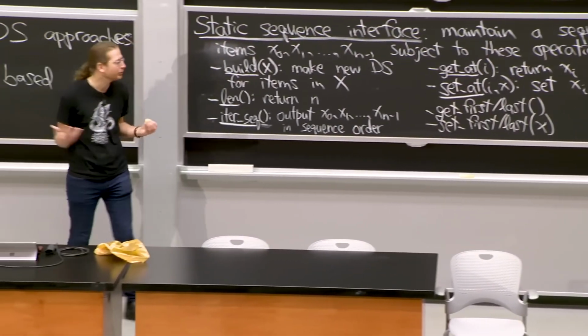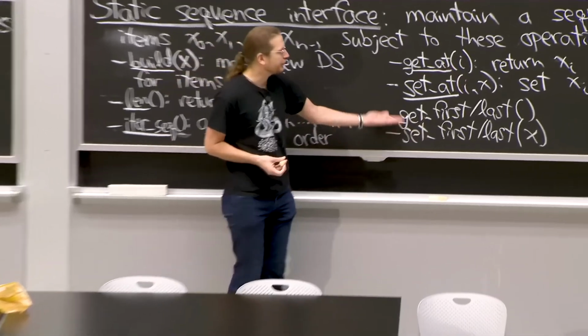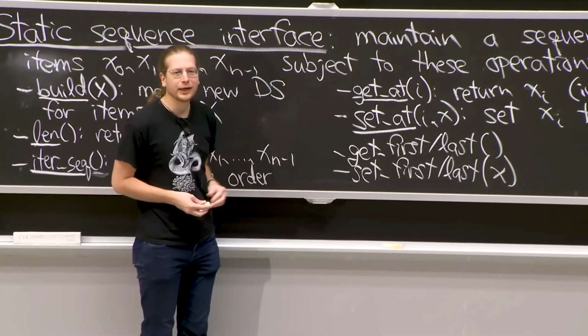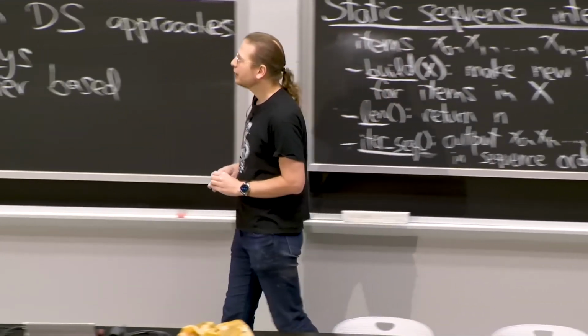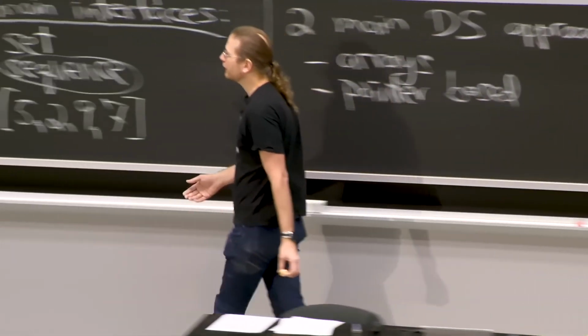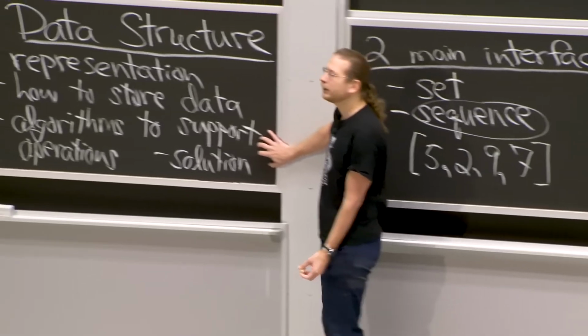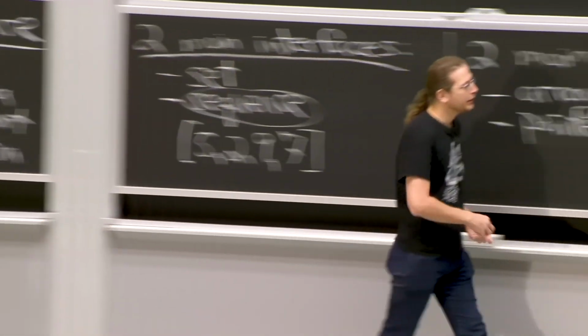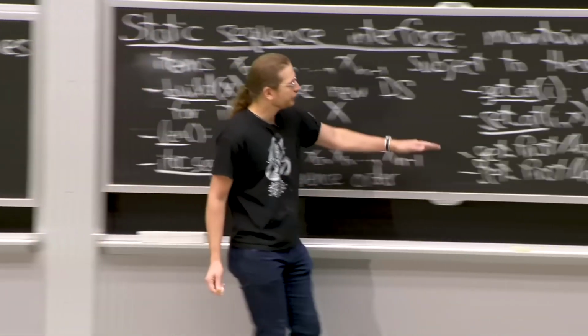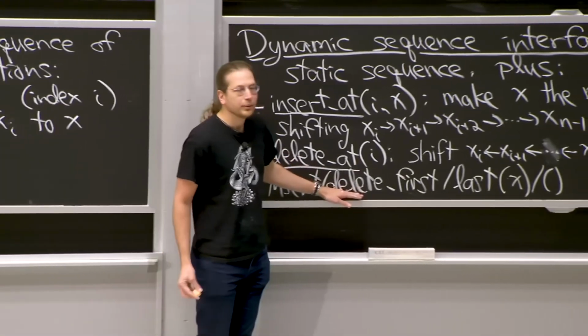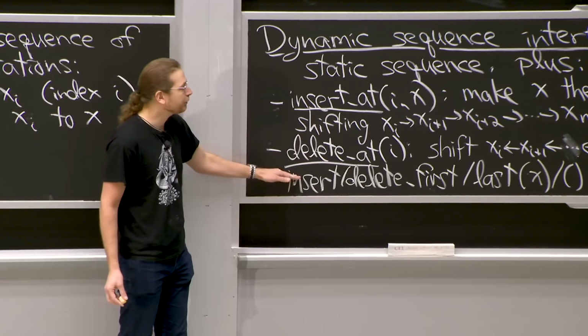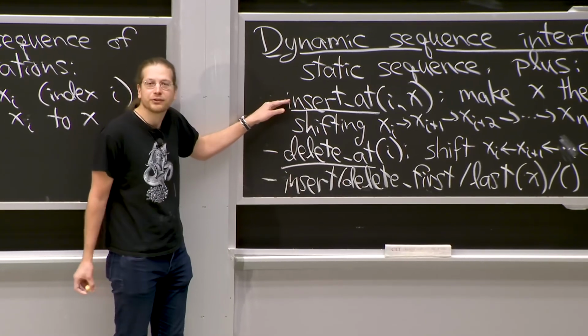If you were a mathematician, you would say, why do I even bother with this? This is just shorthand for a particular call to get or set. But what makes it interesting from a data structures perspective is that we care about algorithms for supporting these operations, and maybe the algorithm for supporting get first or set first, or in particular insert first or insert last, might be more efficient. Maybe we can solve this problem better than we can solve insert at.